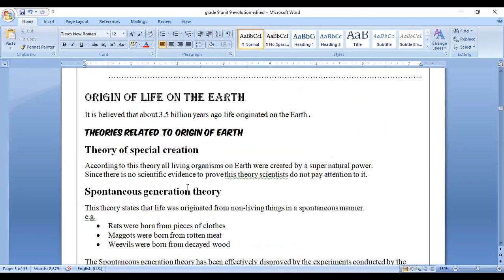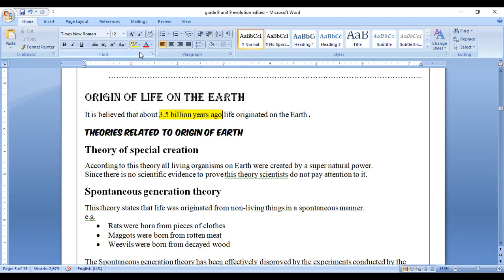Thereafter, we come to the heading origin of life on earth. How life originated on earth. How life came on earth. According to the fossil evidences, life originated on earth 3.5 billion years ago.